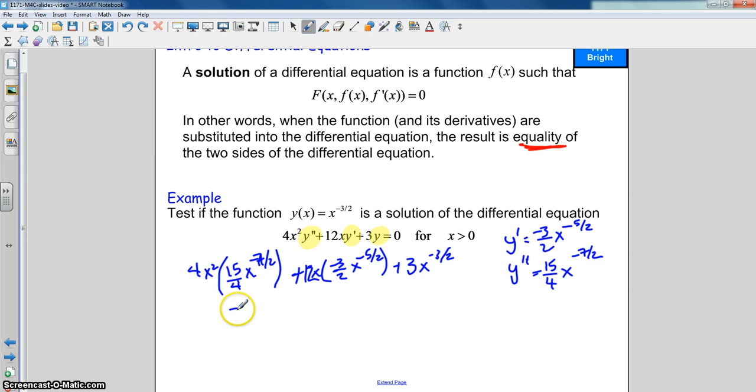Okay, so going through this arithmetic, I get 15x, and now if I add these, this is 4 halves, this is going to be minus 3 halves.